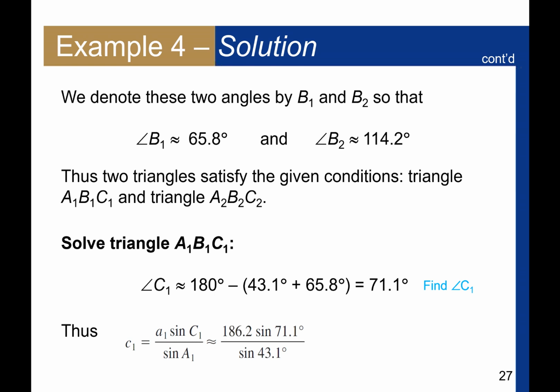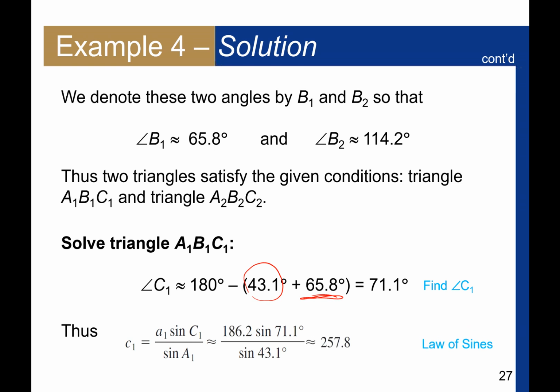Now again, a quick check here. If the given angle was the 43.1, using the inverse sine function, we're saying one of our possible angles for B is 65.8. That leaves us with 71.1, which turns out to be the largest angle in this triangle. So side C should be the longest side.